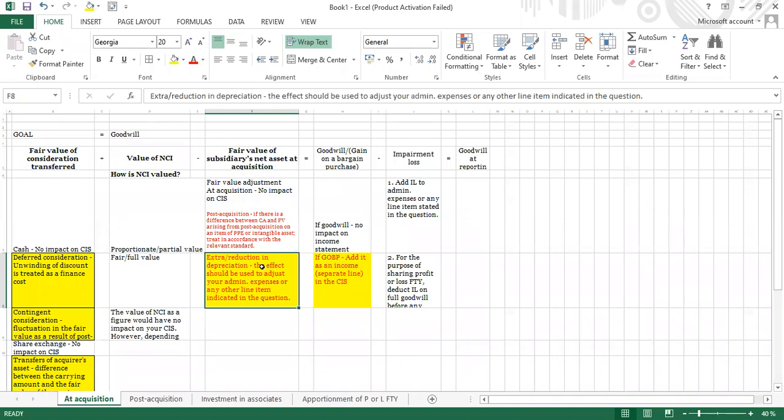But where the question is silent on where you should add or deduct depreciation from, do it against your admin expenses. Some questions will actually tell you to take it to cost of sales. But once the question is silent, just do it against your admin expenses. It appears closer to what happens in practice. Okay, sir. Thank you, sir.